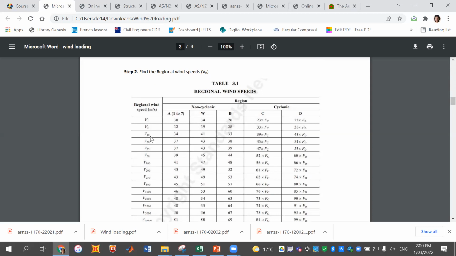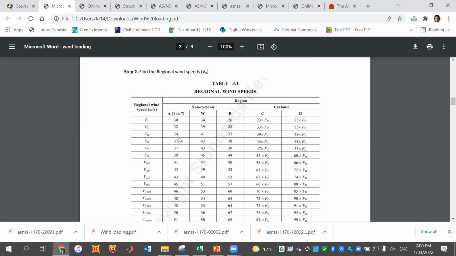Or maybe the building is very ordinary, or it's not very sensitive to wind, so you don't need to design it for stronger wind. You just need to design it for a wind which happens every 10 years. If you compare the velocity of that wind, for example for A1 to A7, the region A7, the wind that happens every 10 years has a velocity of 34.